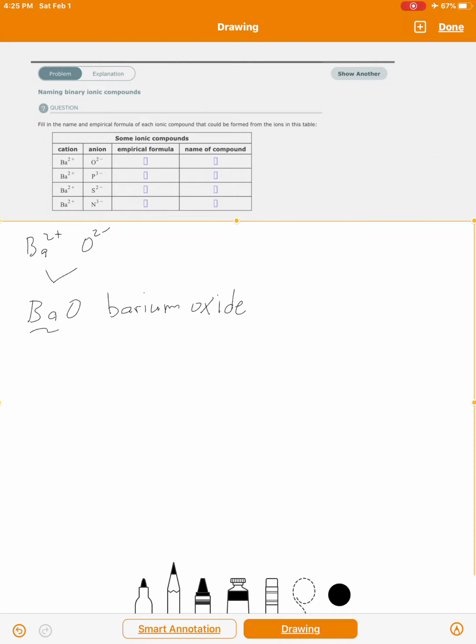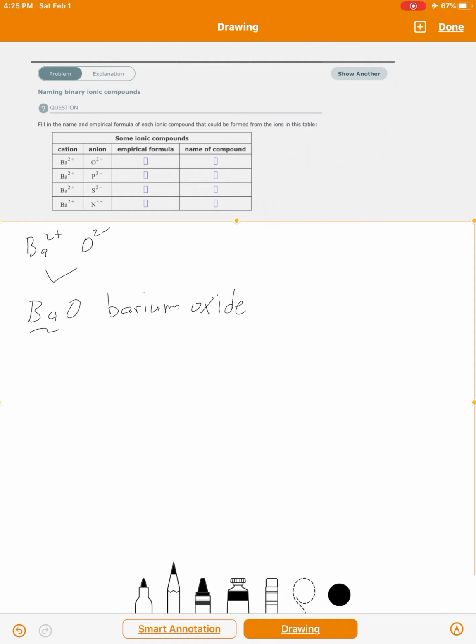There's no numbers indicated in here. You may have heard prefixes in your life, mono, di, tri, all that sort of thing. Not for these types of compounds. If you have a metal, and the metal is in the first two columns, you just name the metal. Then you name the nonmetal and you change the ending to IDE. Doesn't matter how many ions there are in the formula, we just name using the system.